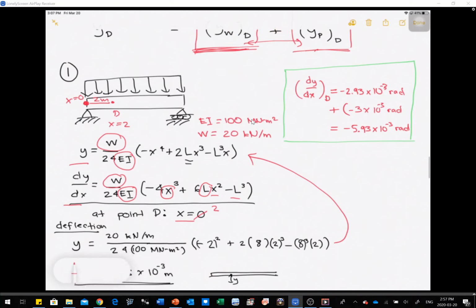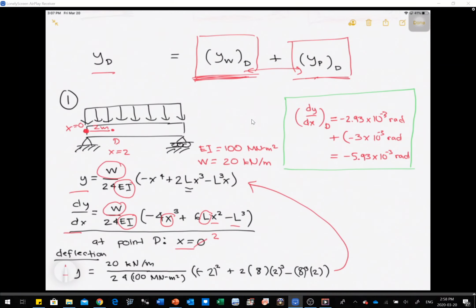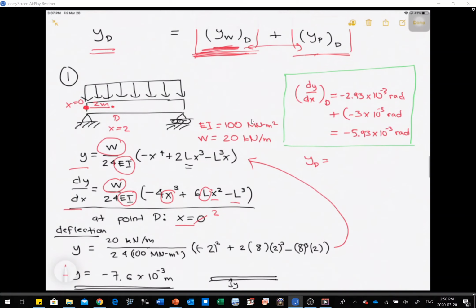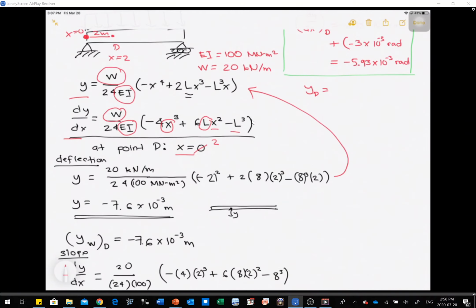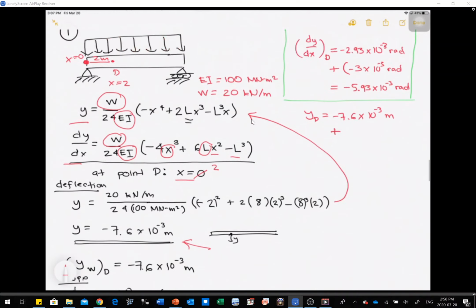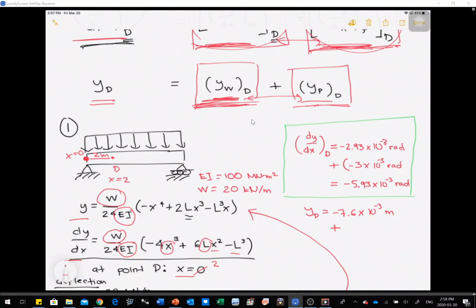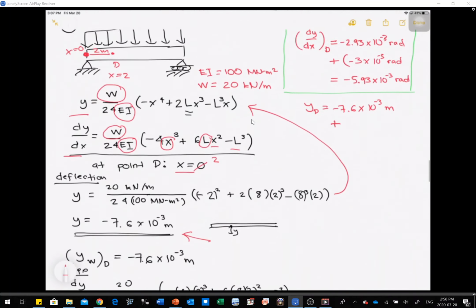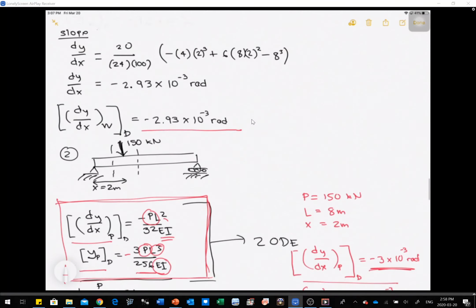Now, if we're going to calculate y sub d, so y sub d is equal to the deflection caused by your distributed load, and we calculated it down here, and that's this one over here. So it's negative 7.6 times 10 raised to negative 3 meters plus, the second term is caused by concentrated load P. So we did that down here.